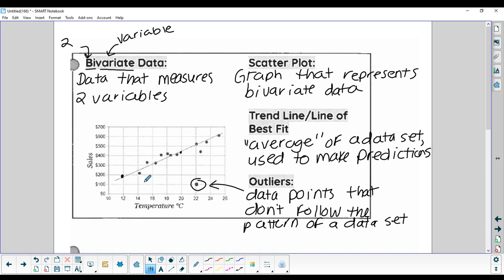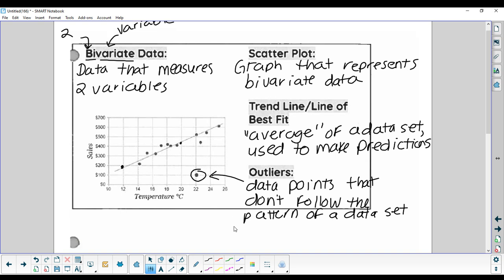However, this day I only made 100, and there's always a good reason why that might have happened. Maybe that day there was a storm, so people didn't really come out and get ice cream. It was really rainy, no one felt like getting ice cream that day. But in general, the trend follows that as the temperature goes up, so did the ice cream sales.